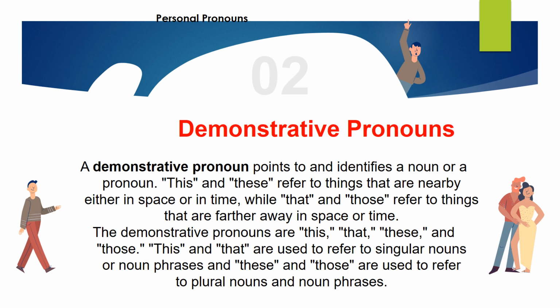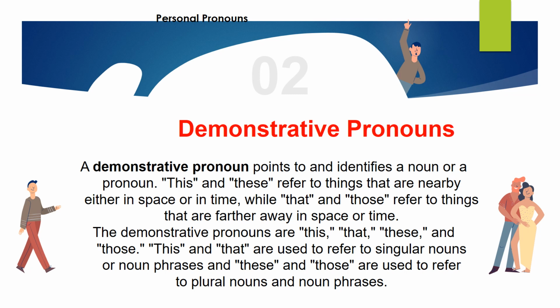Number 2 of the pronouns is the demonstrative pronoun. So what is a demonstrative pronoun? A demonstrative pronoun is a pronoun that points to and identifies a noun or a pronoun.